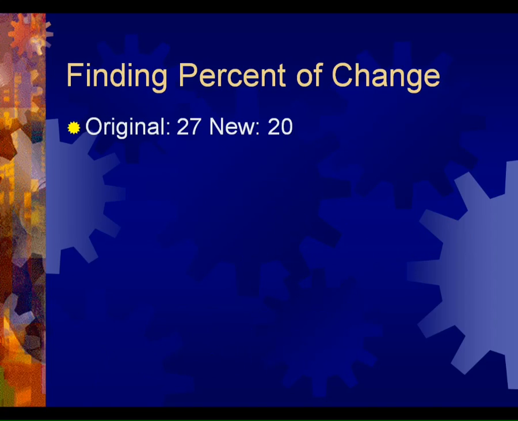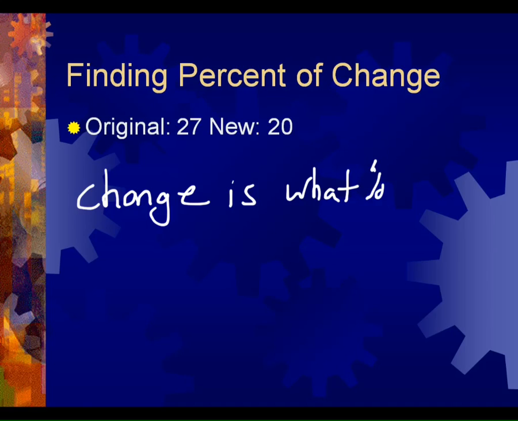Another way you can look at it is if you write the verbal equation. The change is what percent of the original? That's what I'm trying to find here, right? Well, that's it in words. The change was 7.